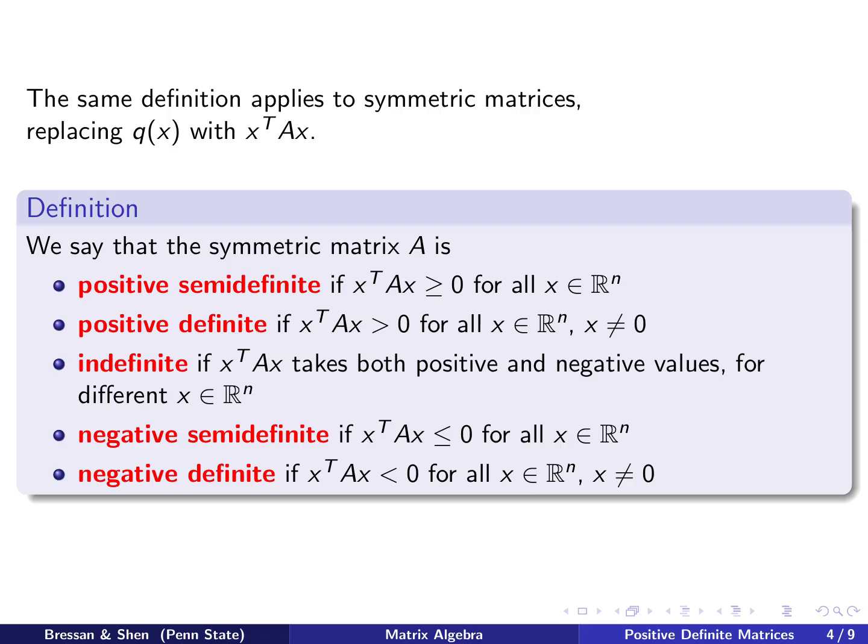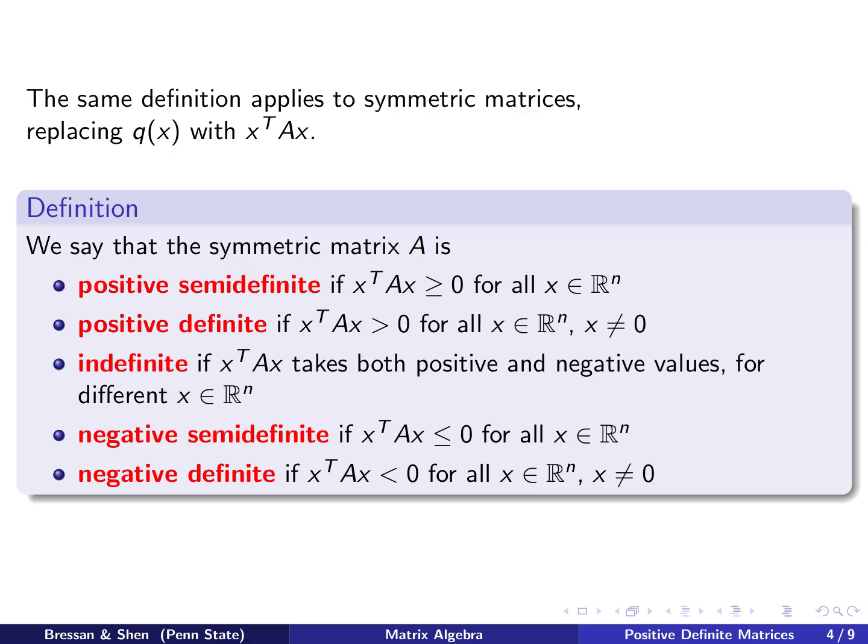We say that we have a symmetric matrix A. We say that it's positive semi-definite if x transpose times A times x, which is actually a quadratic form, is bigger than or equal to 0 for all x in Rn. And if this is strictly bigger than 0 for all x that's not 0, then we call it positive definite. And the rest is all similar.